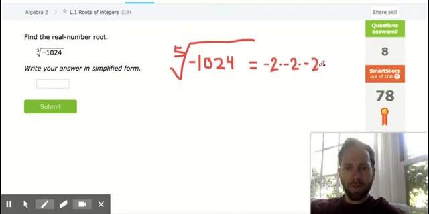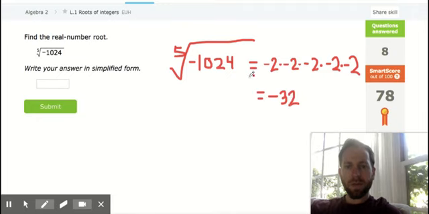We know our answer is going to be negative because we're multiplying it an odd number of times. A negative times a negative is positive, a negative times a negative is positive, but there's still a negative left over. So this equals negative, let's see, 2 times 2 is 4, 8, 16, 32. That's too low. Let's try negative 4, because this is an even number.